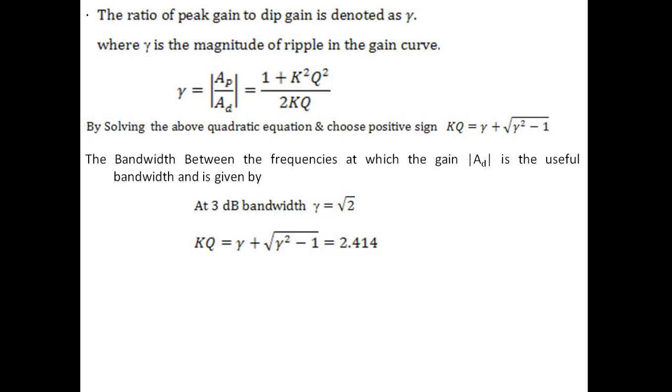The 3 dB bandwidth you measure at gamma equal to root 2. Substitute that gamma, and you will get kq equal to 2.414. We have already seen in the earlier bandwidth that it is equal to 2 delta, which is root 2 into f2 minus f1.